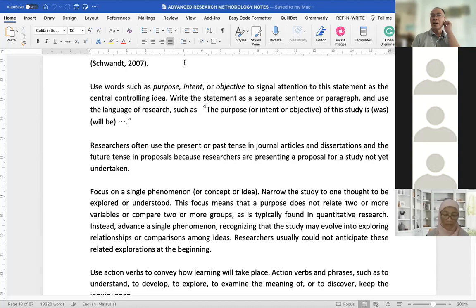When I did my master's in the US, I studied my degree and master's in the United States. In the United States, if you write your research purpose, you don't have to write research questions. So it depends on the style.